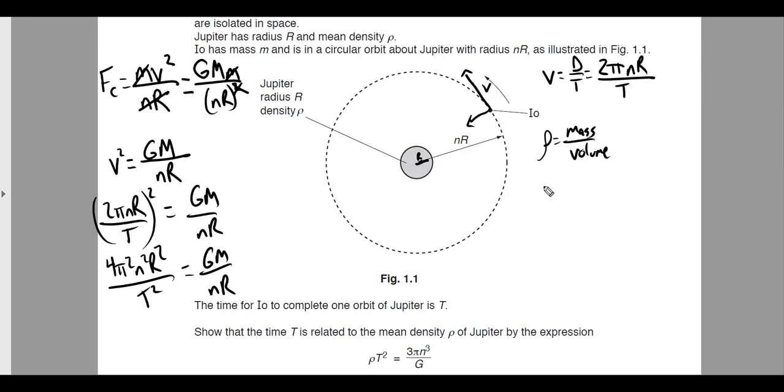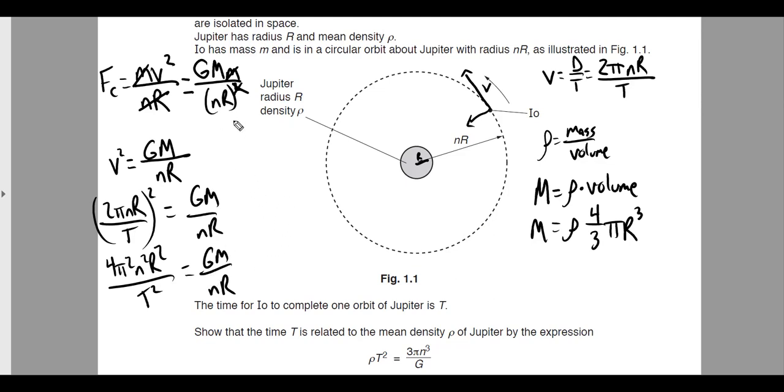And so we'll rewrite this so that mass is the subject, m equals density times volume. And the volume of a sphere is 4/3 pi r cubed, and r is just the radius of Jupiter itself here, right? So that's the volume. So rho times that volume is the mass, and we can substitute this expression in for m over here.